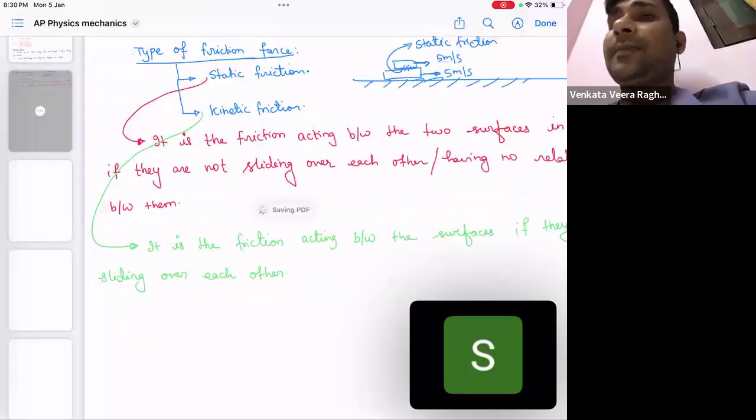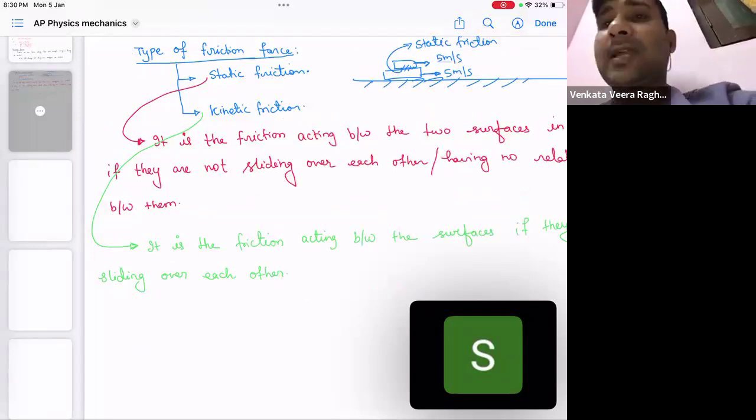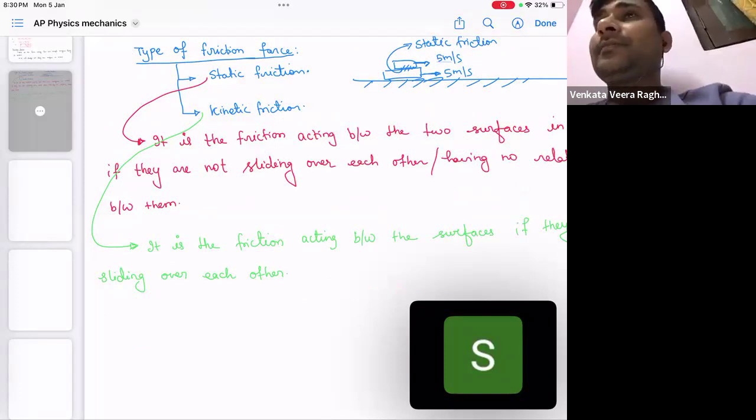Please tell me, up to what we have discussed about the friction force, is this clear? There are two types of friction, static and kinetic. Static will try to keep the bodies at rest relative to each other. But if it is not possible for static friction to keep it at rest, the friction will change its nature from static to kinetic.